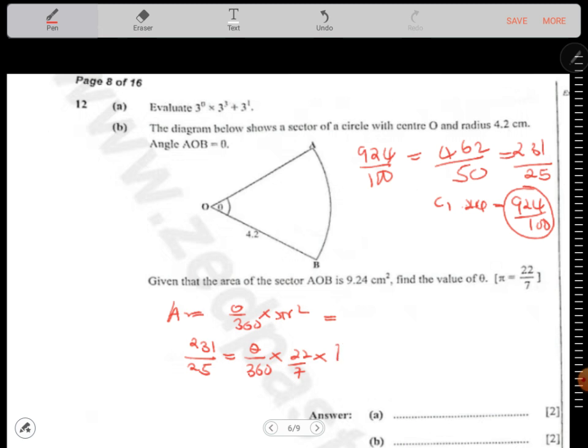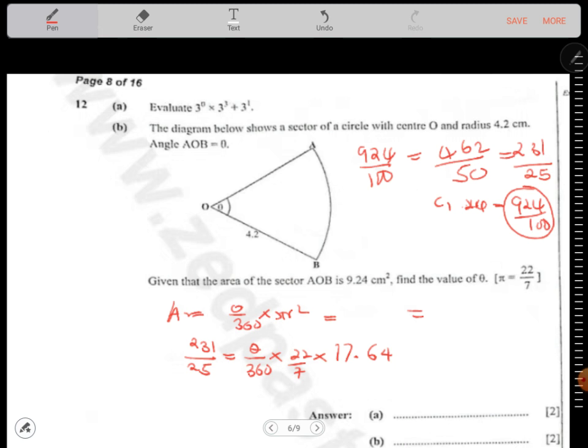4.2 squared is 17.64. I need to carry out the steps so that you can find the value of the angle. Therefore, without wasting much time, we know that this times this and times this will give us this, plus the angle.